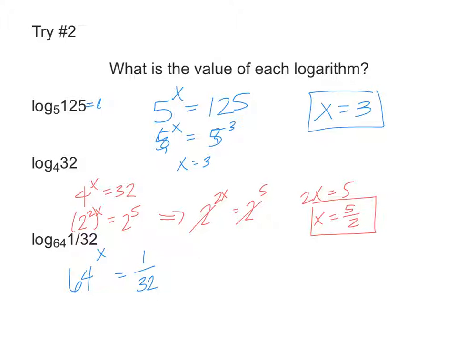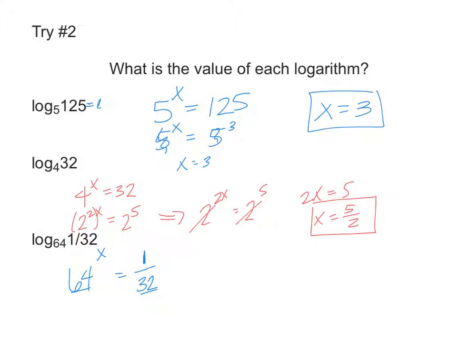So what I want you to think about is, don't get thrown off by the fact that it's a fraction, because we know if the 1 is in the numerator, it probably got there because it was some base to a negative exponent, right? So think about what 64 and 32 share in common. 64 and 32 share in common a 2, right?